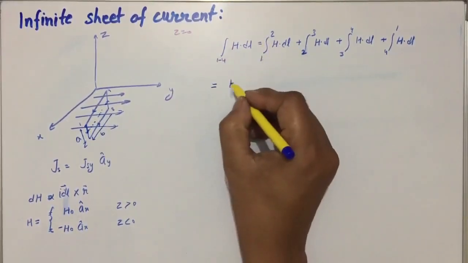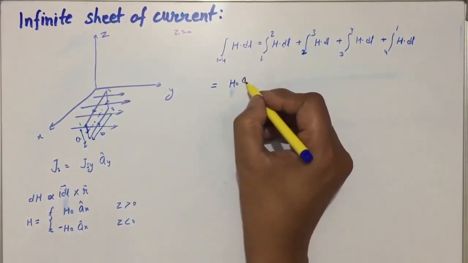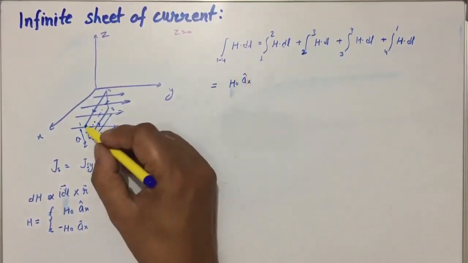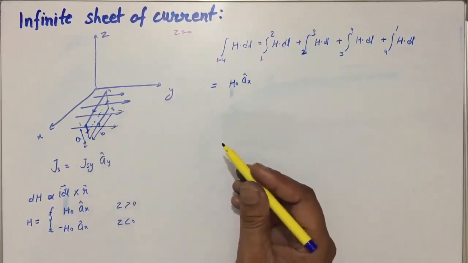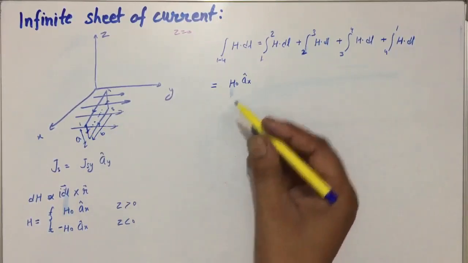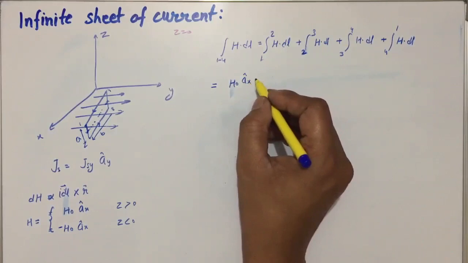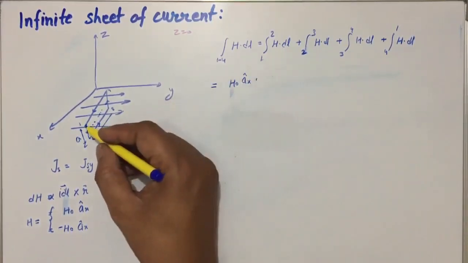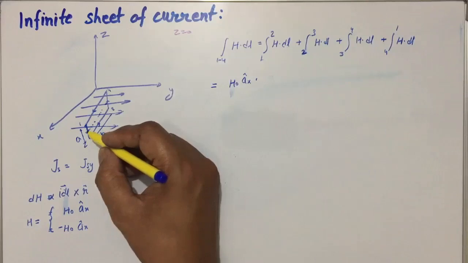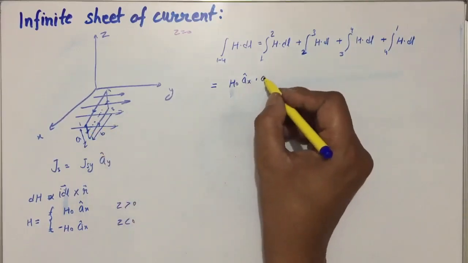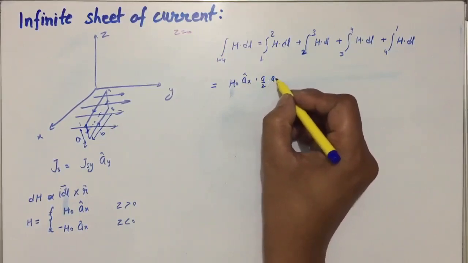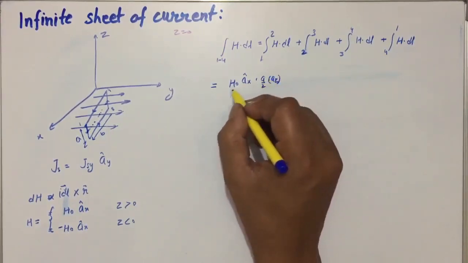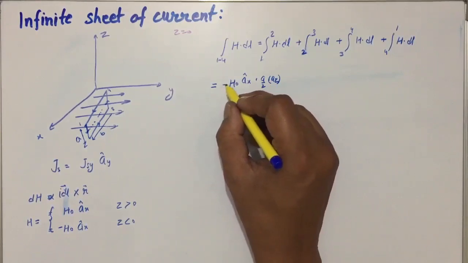So we can write H naught in the direction of plus ax for this portion, and dl will be a by 2 in the direction of minus az, with either minus or plus sign.